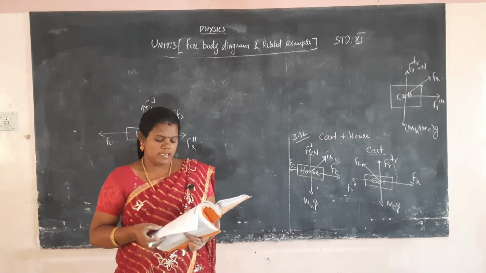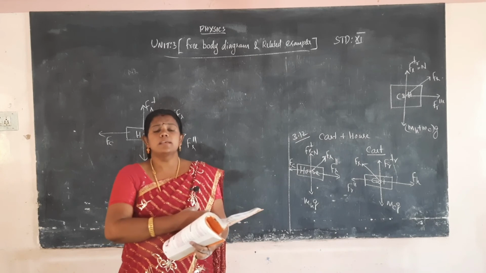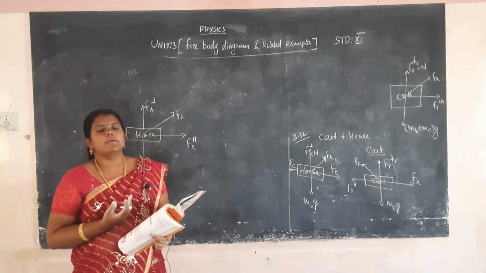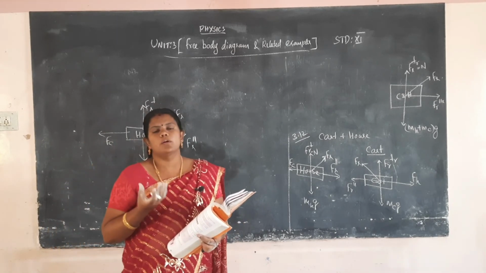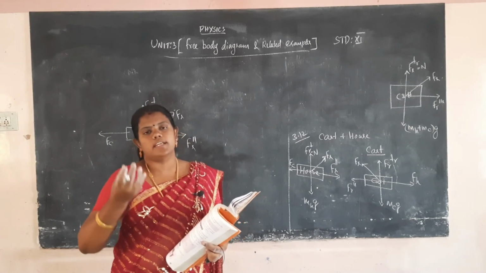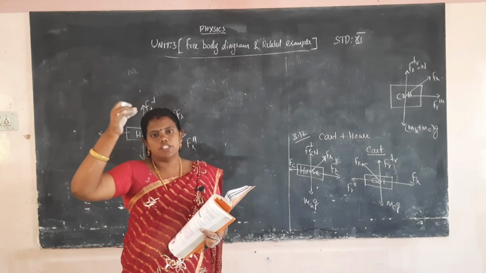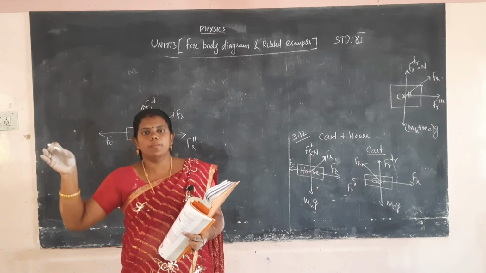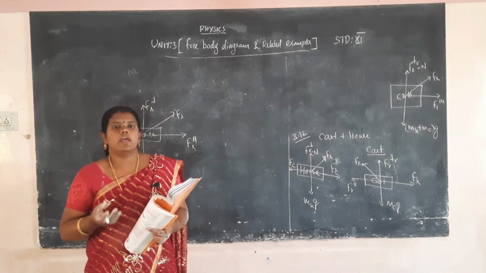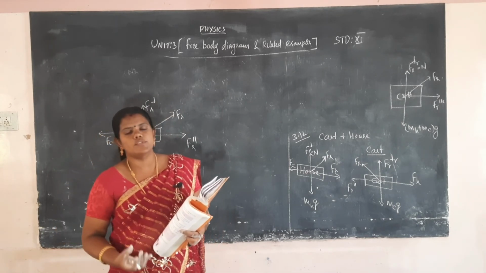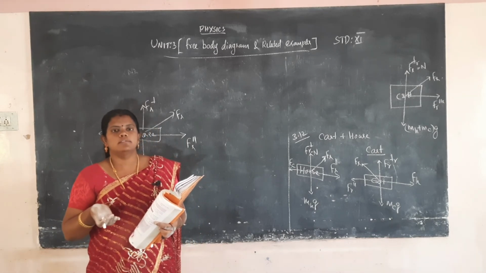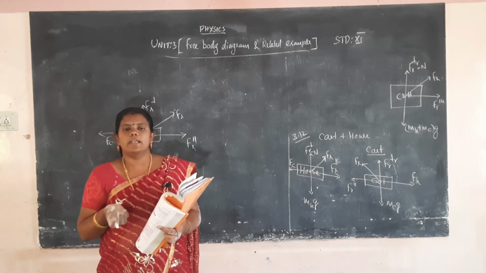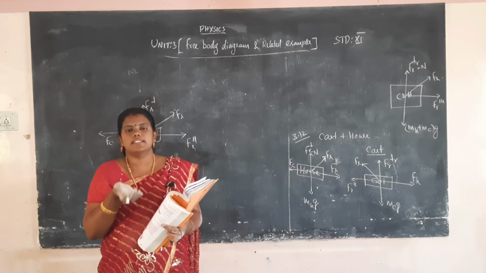Okay, and example 3.7, simple pendulum. A simple pendulum means one bob attached to a thread hanging from a rigid support, and the bob moves in a to and fro motion. The bob gives a downward force, that is gravitational force, and the bob applies a force on the thread, that is the tension.